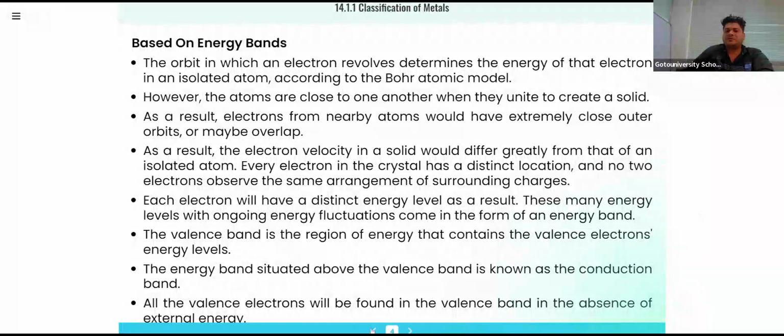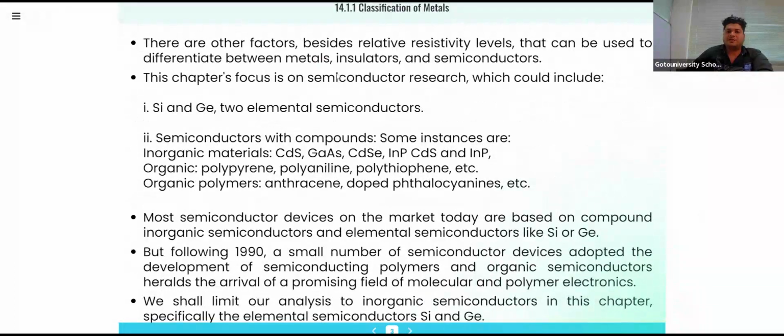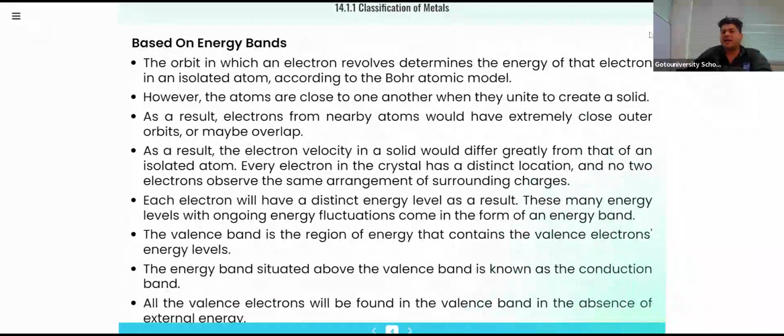Now let's see a few more things based on that. See, what I've explained, the example of semiconductor, the example of metals, everything is given here. Now we are studying about the energy band theory.